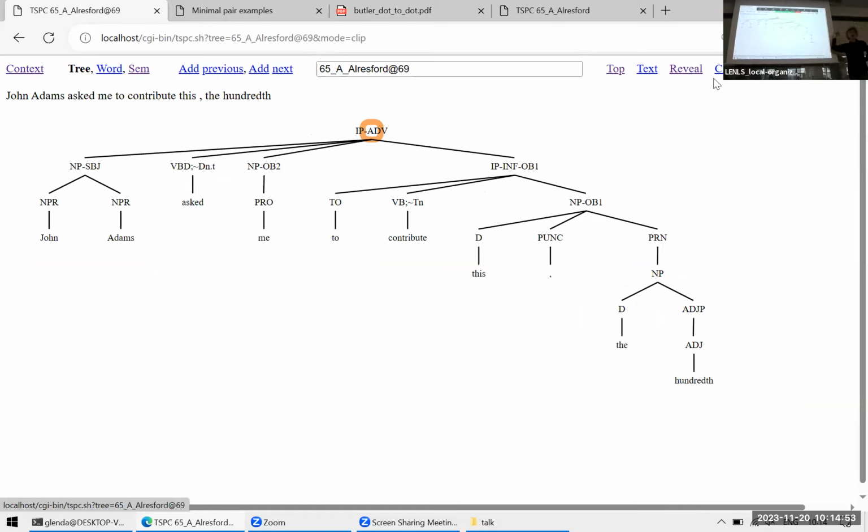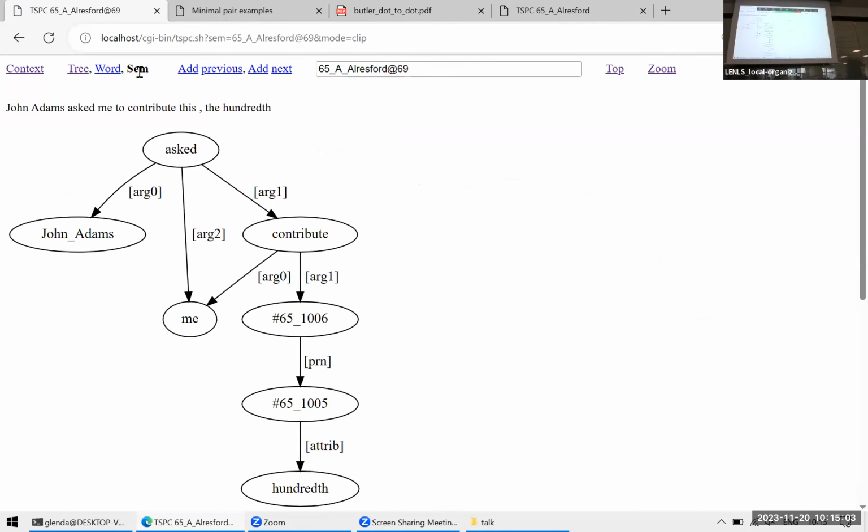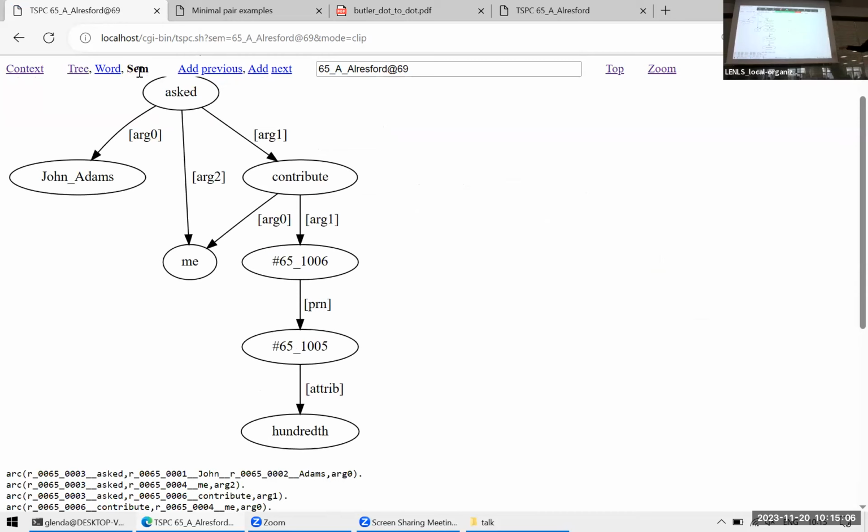We can zoom in, we can look at the relationship. That's convenient here.